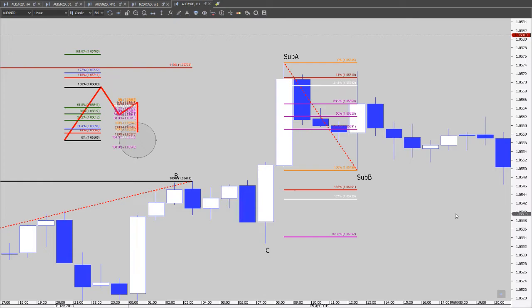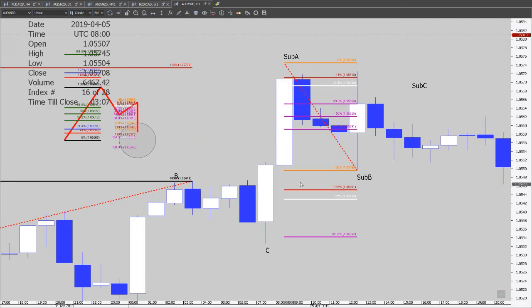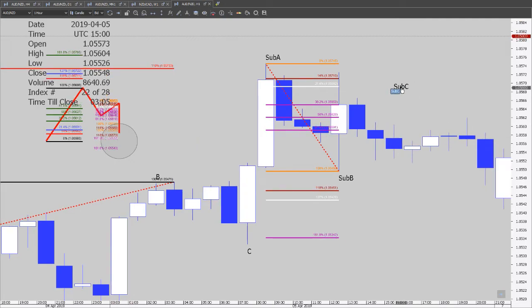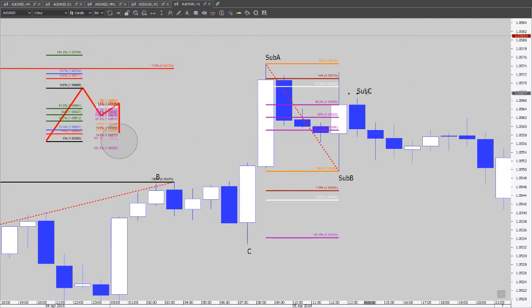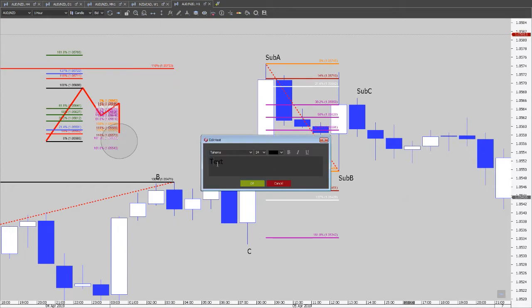Sub A, sub B, right? And of course, we have the sub C. Come on, so sub C is the highest point inside this sub A, sub B boundary after the sub B, right?